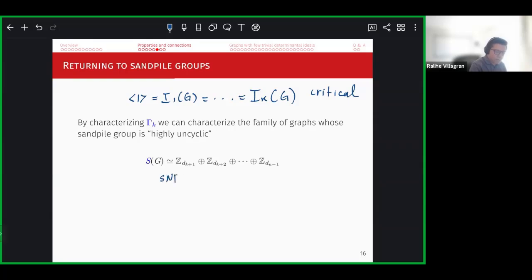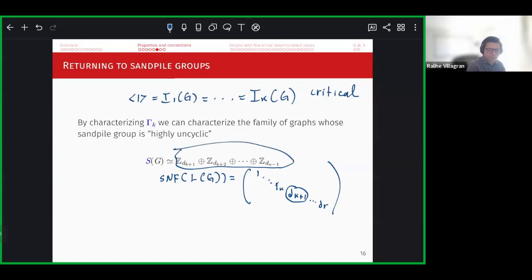So the Smith normal form of the Laplacian has k ones. And then by characterizing the graphs in which the k plus 1 invariant factor is different than 1, we can characterize the family of graphs whose sandpile group looks like this.